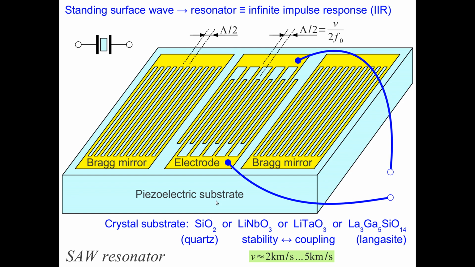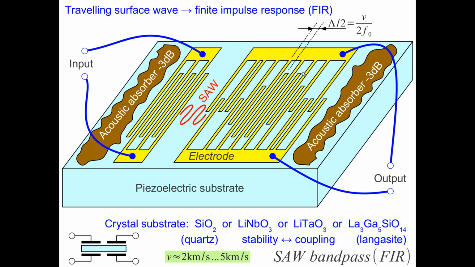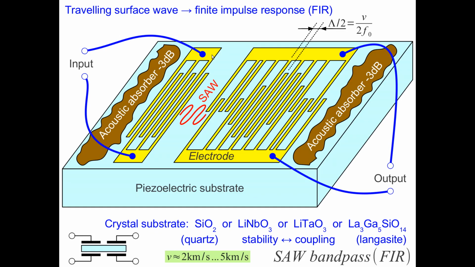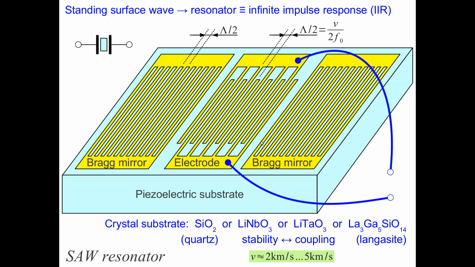So this can also be made, and many of these resonators are used as single resonators for some very cheap transmitters like remote control transmitters, but they can also be used inside filters, inside ladder filters like this. So these resonators may be bulk acoustic wave resonators like here, but each of these resonators could also be a surface acoustic wave resonator.